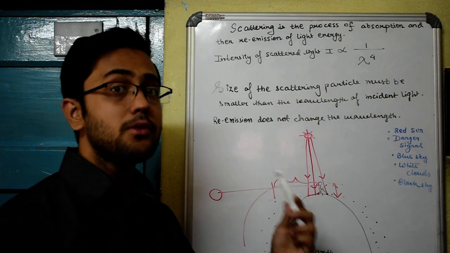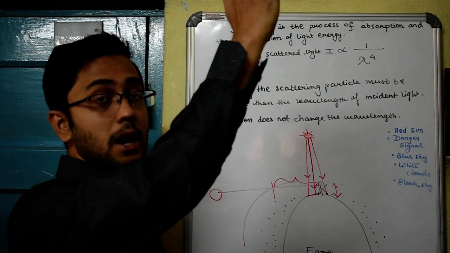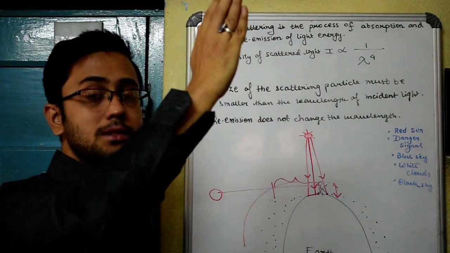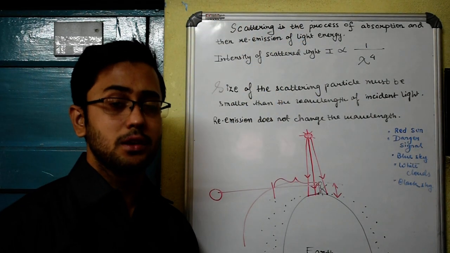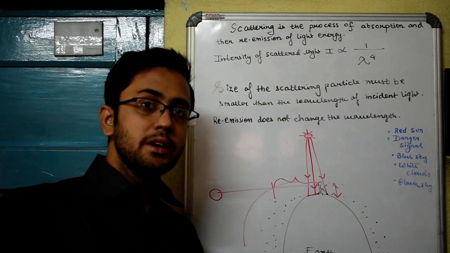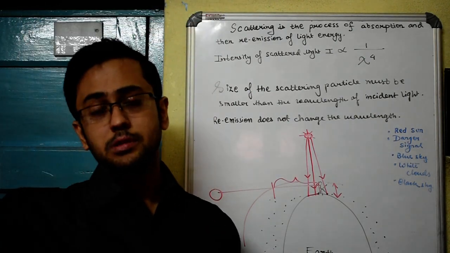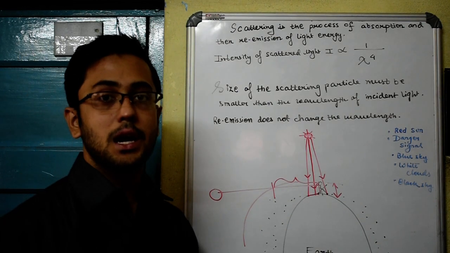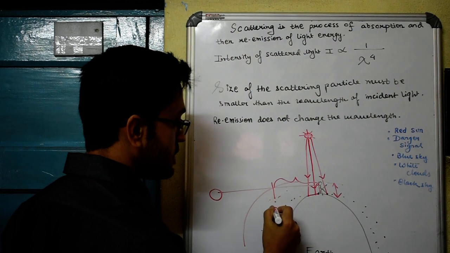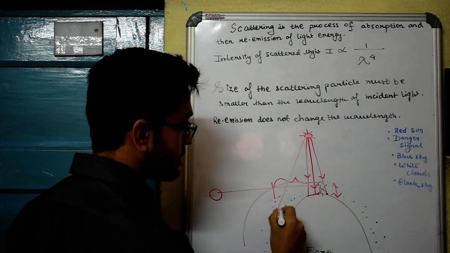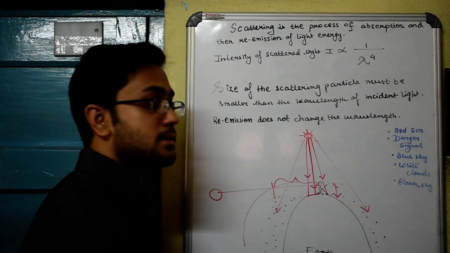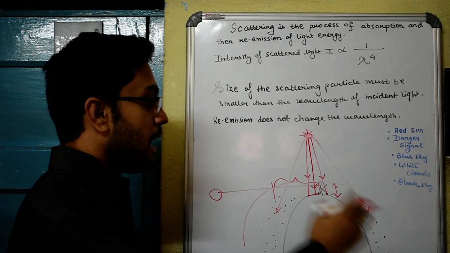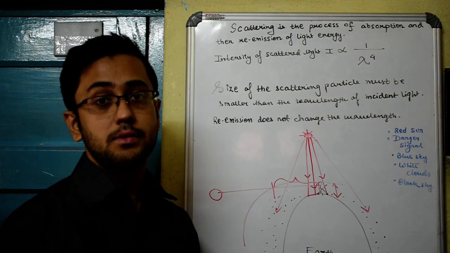But apart from the sun, if you look directly at the sun or in the region around the sun in the sky, you will see that it is white in color. But if you look at the other regions of the sky, say the direction opposite to the sun, you will still find that the region is blue. And that is again due to the scattering. Because in these regions of the atmosphere, the light is traveling a longer distance, is substantially getting scattered, and you are seeing a blue color of the sky.